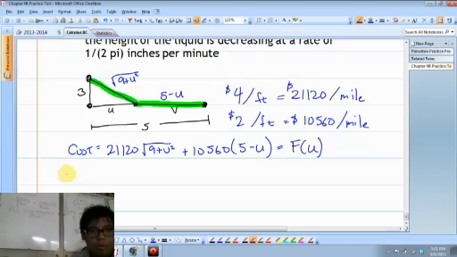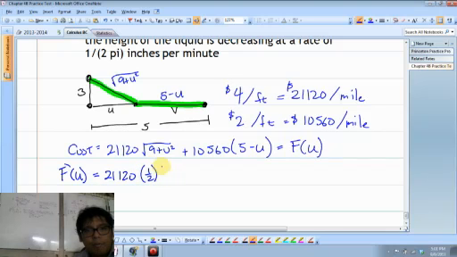Okay, so we're going to take our derivative so we can figure that out. So what is this derivative? 21,120 times 1/2 times 9 plus u squared to the negative 1/2 times 2u minus 10,560.